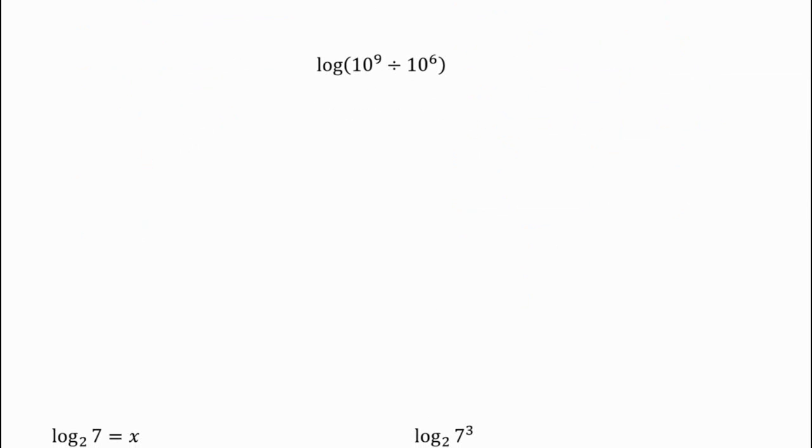So we'll do the same thing very quickly for division. Log base 10 of 10 to the, dividing powers of the same base, 9 minus 6, right? So log base 10 of 10 cubed, which is 3.